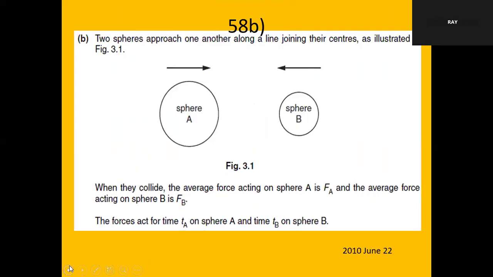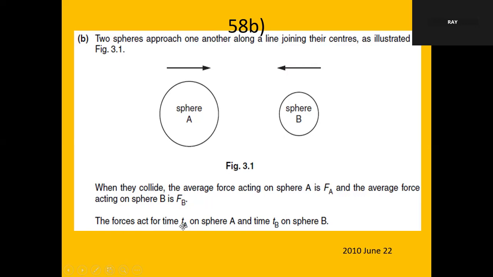Two spheres approach one another along a line joining their centers as illustrated in figure 3.1. When they collide, the average force acting on sphere A is FA, and the average force acting on sphere B is FB.